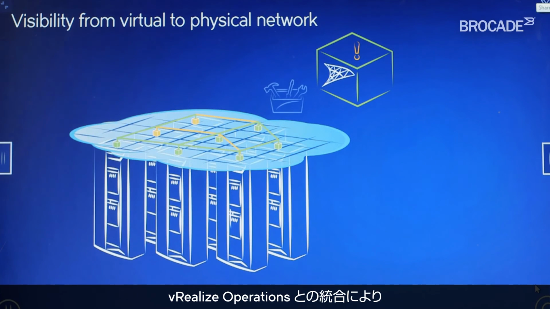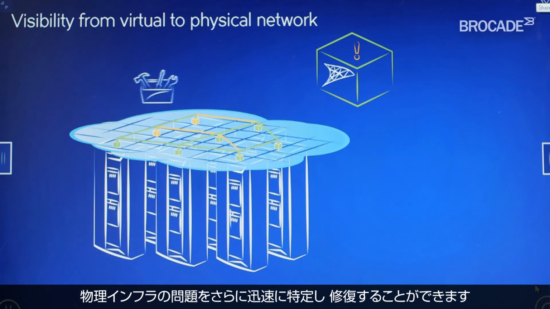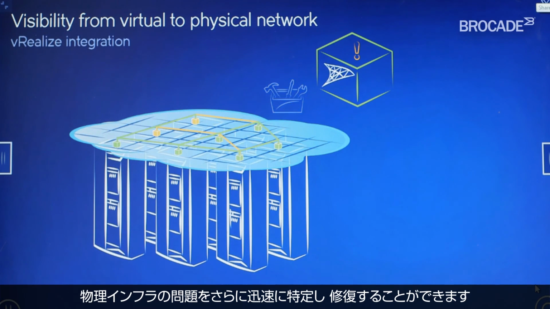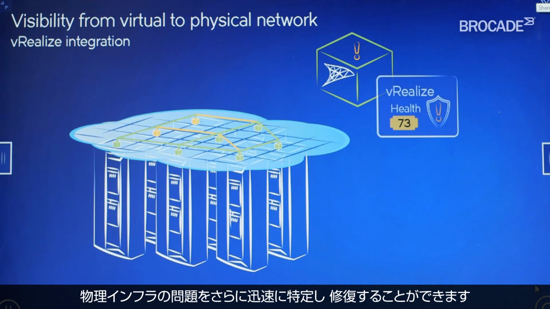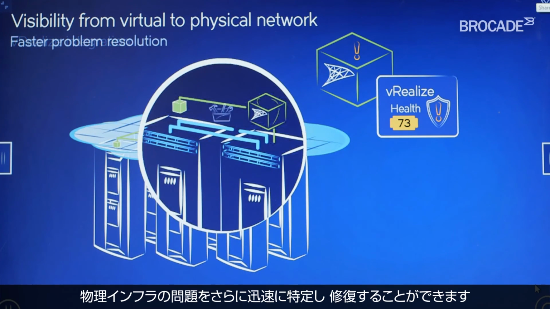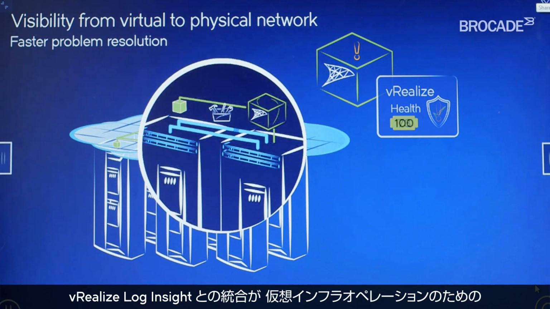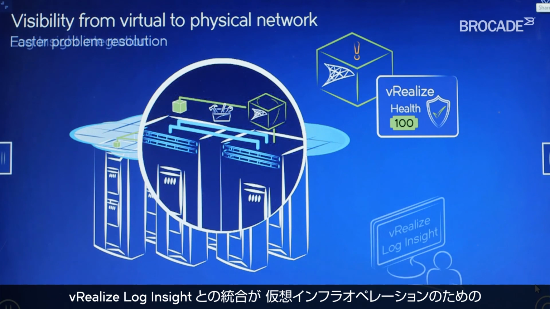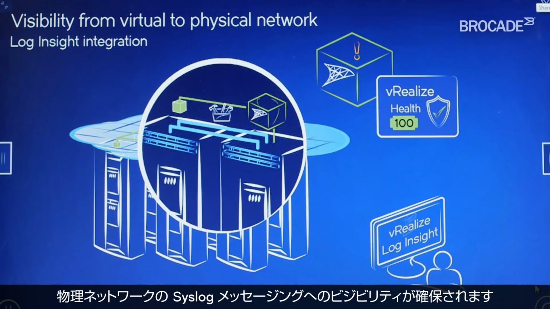With the integration with vRealize Operations, you can now, at a much faster pace, pinpoint where a problem is in your physical infrastructure, and then go in and fix this. With the integration with vRealize Log Insight, there's visibility into syslog messaging on the physical network for the virtual infrastructure operations.